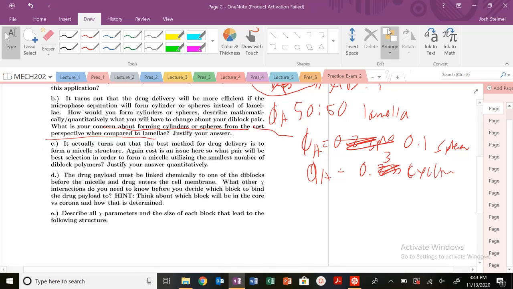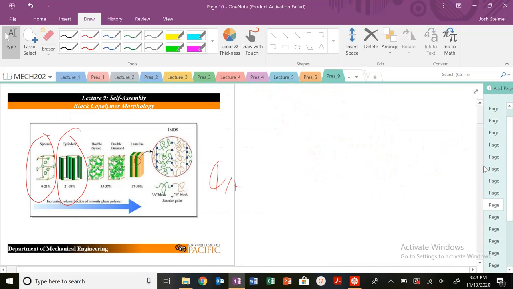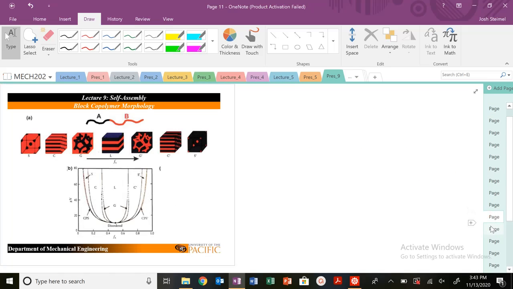Now, one other thing is what is your concern about forming cylinders or spheres from the cost perspective compared to lamella? Going back to our lecture notes in presentation 9, we can see from this phase diagram that our critical chi-n changes. For spheres, you could be at a chi-n equal to 60. For cylinders, for some specific values, we could still be at a chi-n of 30.